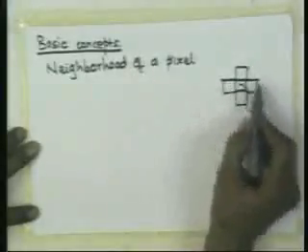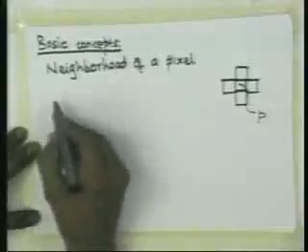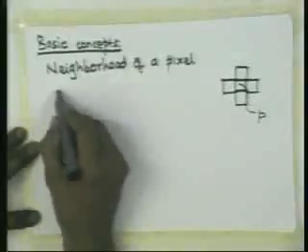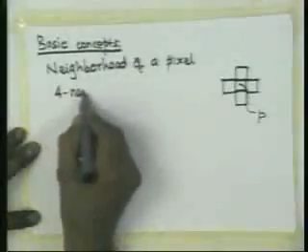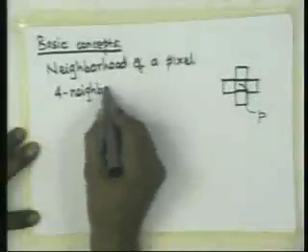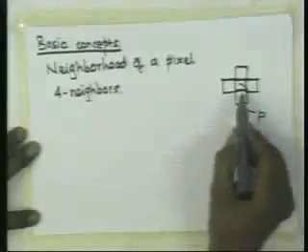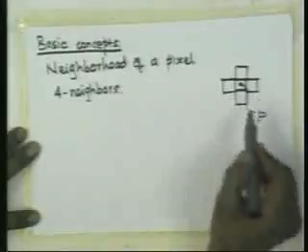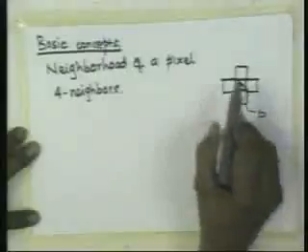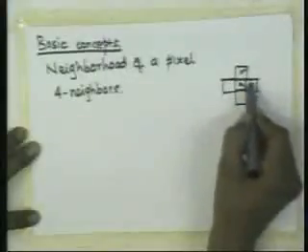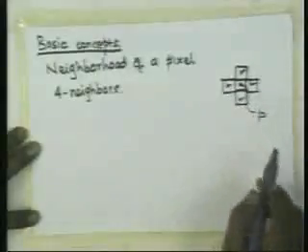I can define these as 4 neighboring pixels, and these are called the 4 neighbors, or 4 neighborhood. So the 4 neighborhood of this point P is this one, this one, this one, and this one.